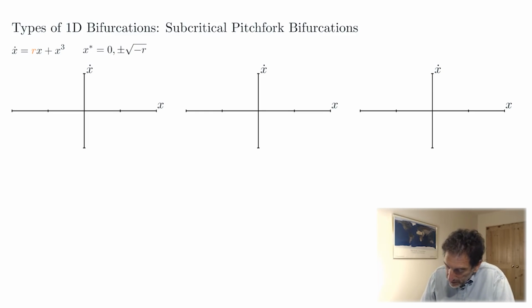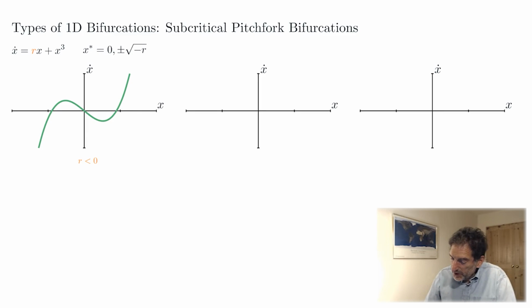And let's first of all look at what happens when r is negative. Well, when r is negative, we go through the origin with negative slope, but for large x, this function blows up to plus infinity, so there has to be a non-trivial, or non-zero, fixed point for positive values of x. If we plot this function, we get a cubic that looks something like this.